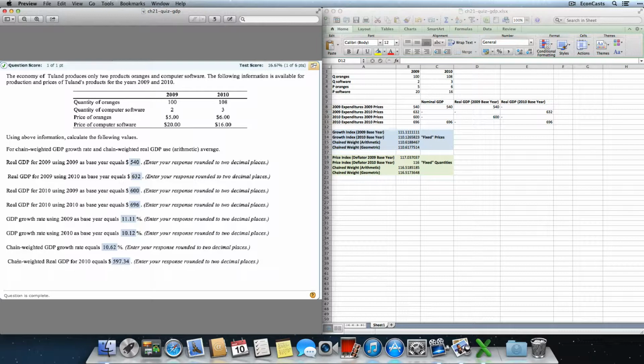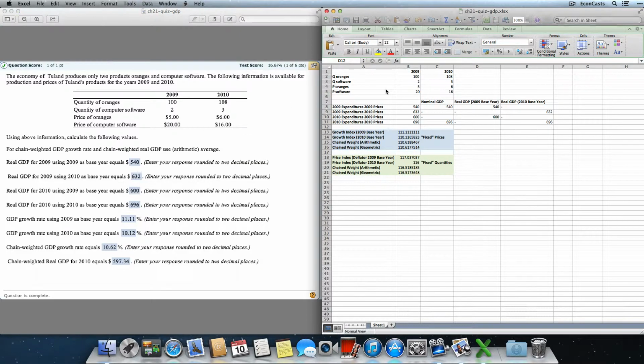And finally, the question asks for the chain-weighted real GDP for 2010. Now this is going to differ from the real GDP that we calculate for 2010 because here we're using the chain weight instead of the fixed weight, which is how we would calculate these particular numbers for 2010.